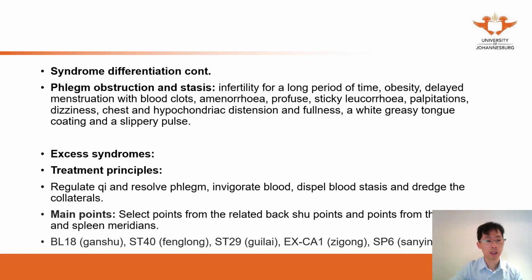Spleen 6. As you can see, these points have different functions. Stomach 40 is used for phlegm. This one is more for gynae problems. Liver shu, Bladder 17. Bladder 17 is related to the liver. Spleen 6 is related to the three yin meridians.